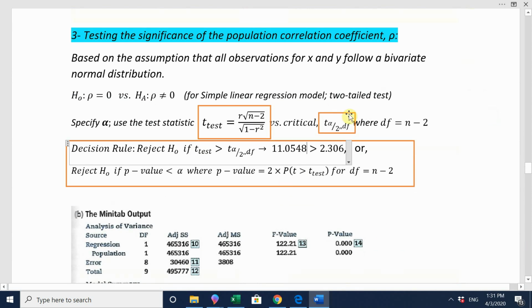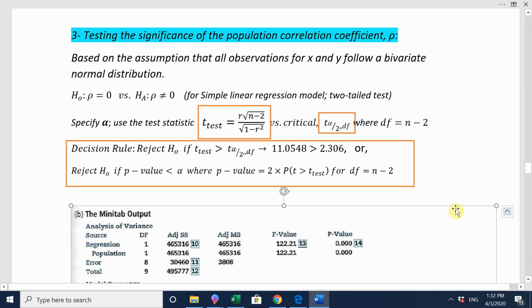Let's go back. My critical t value here will be determined in exactly the same way as it was in the first test, and it will be exactly the same value because, again, I am looking for a t value of 0.025 and degrees of freedom equal to 8. The decision rules are the same, whether I use the critical value approach or the p-value approach.